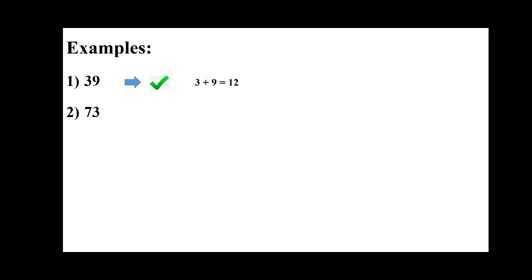Similarly, 73. 7 plus 3, which is equal to 10. 10 is divisible by 3 or not? Yes, 10 cannot be divided by 3. So 73 is not divisible by 3.